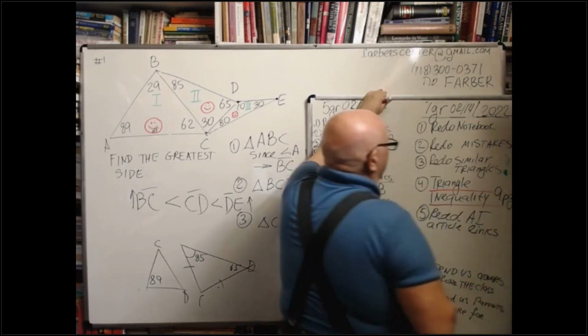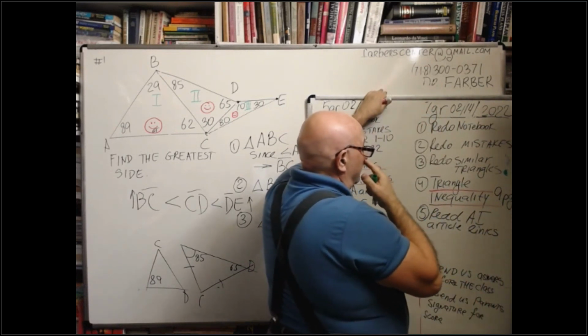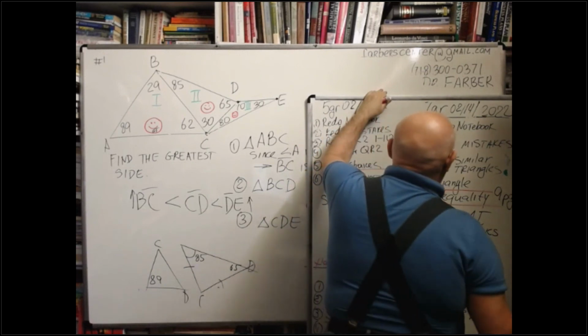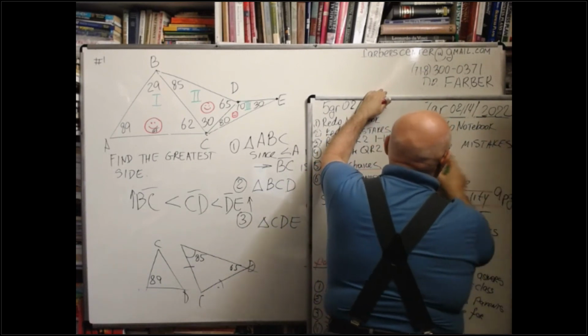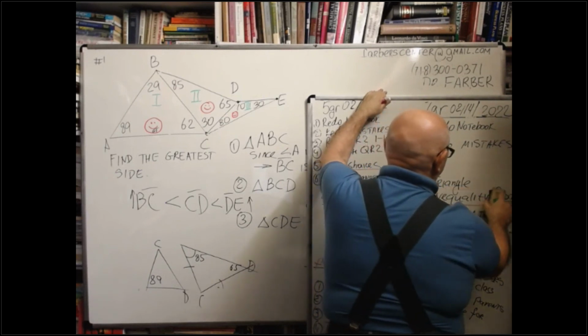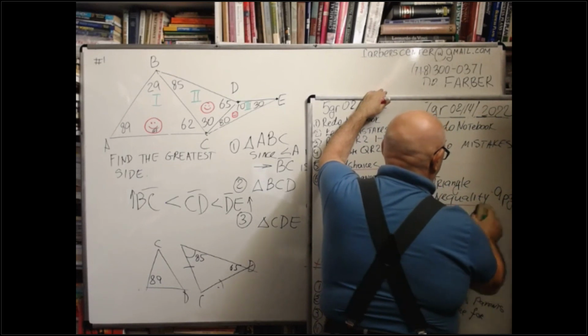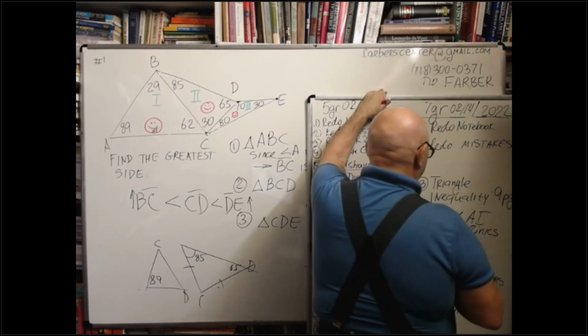Redo notebook. Redo mistakes, you have the correct answer. And redo triangle inequalities, which I explained in great detail. I erased this red one. 9 pages. Use my steps.